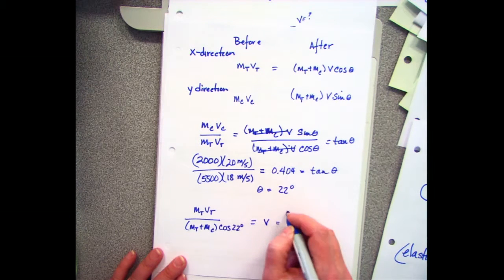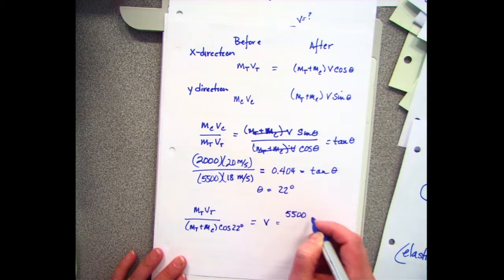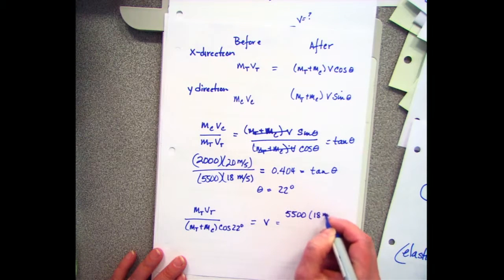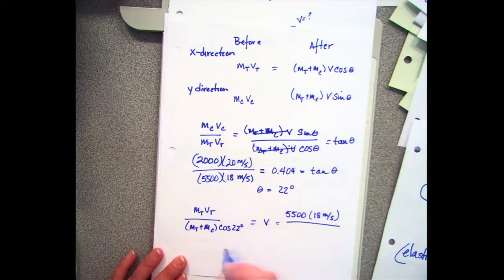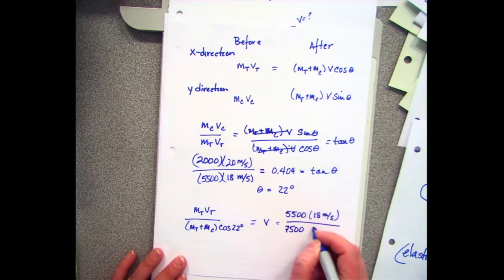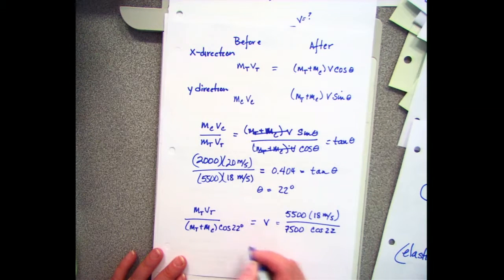So that equals 5,500, 18 meters per second, 5,500 plus 2,000 is 7,500, cosine 22. This gives me 99,000 on top. This gives me 6954 on the bottom.